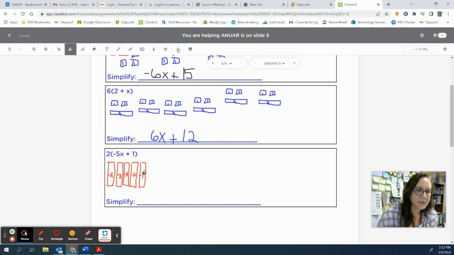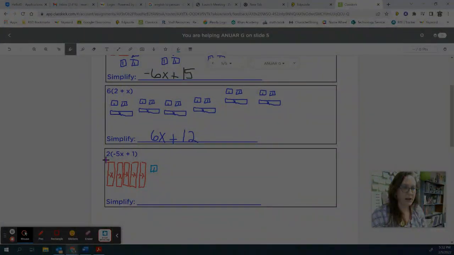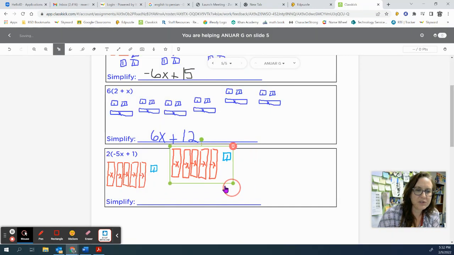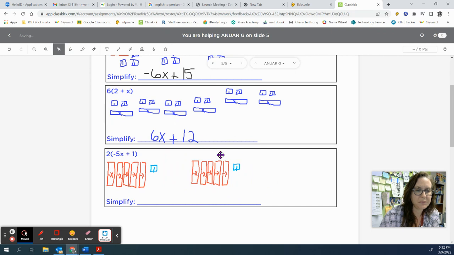I have 5 negative x's, and we have 1 positive 1. Okay, that's our grouping. We have negative 5x plus 1 positive 1. Okay, how many of that grouping do we have? Yep, we have 2 of those. So I'm just going to clip it and paste it one time. And now I have 2 of those groupings.